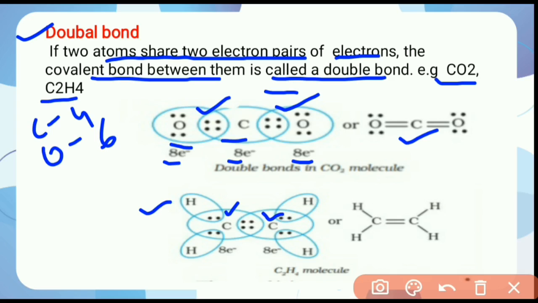By sharing one electron pair between carbon and hydrogen, all hydrogens complete their duplets, and between carbon and carbon they share two electron pairs and form a double bond like that. So between hydrogen and carbon a single bond is formed, and between two carbon atoms, by the sharing of two electron pairs, a double bond is formed.